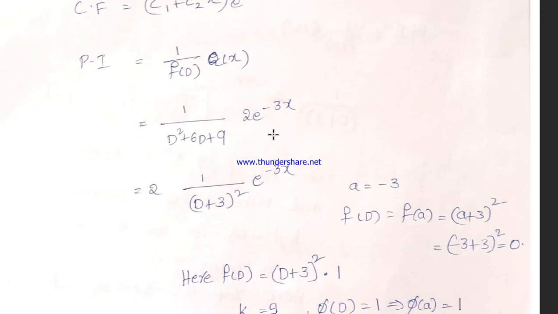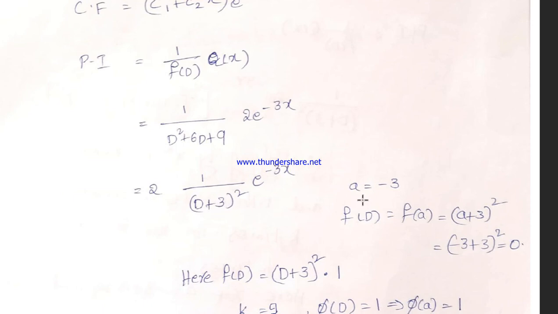But Q of x is equal to 2 e power minus 3x. So here 2 is a constant value, take it outside, and 1 by D plus 3 whole square, because f of D is written in the form of D plus 3 whole square, e power minus 3x. Here clearly we can observe, if you substitute D is equal to a, that is minus 3, we get the value 0. So that's why we go to the second case.